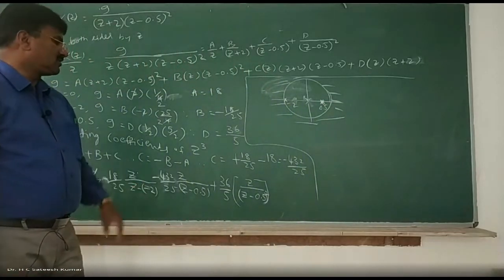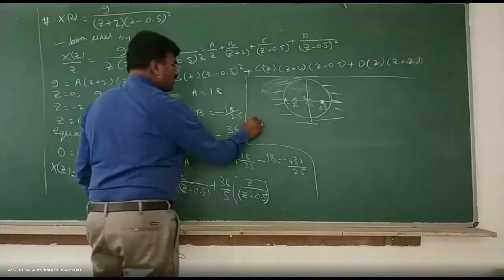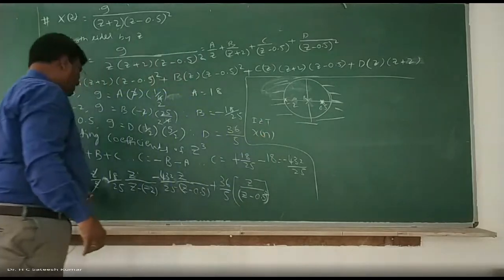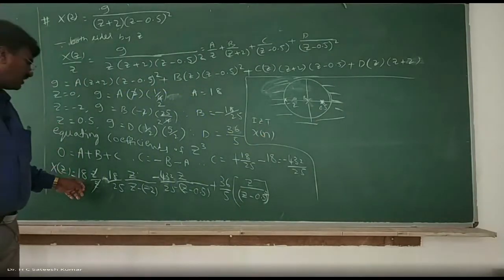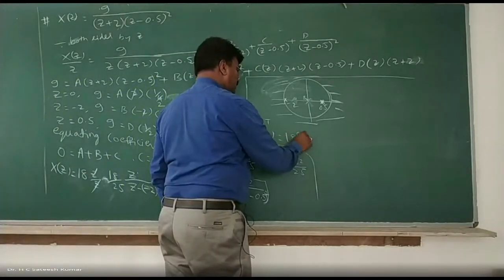Now you take the inverse Z transformation. So what is the first one? Inverse Z transformation of it. X of n is equal to, for a constant from the table, the delta of n. 18 is constant. You write it as it is, 18 into delta of n.